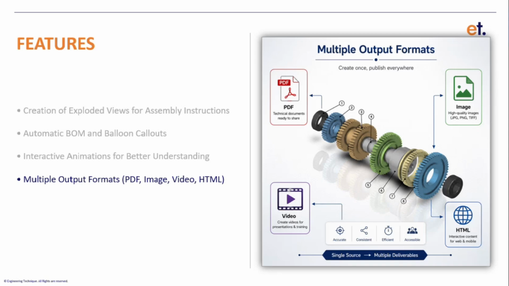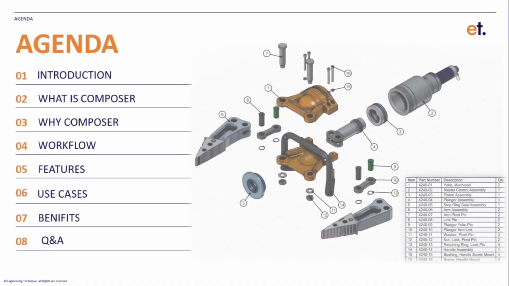Also, different teams can access the content in the formats they prefer. So overall, SOLIDWORKS Composer helps to create clear, fast, and easy to manage technical documentation. It improves communication, reduces effort, and makes the information accessible to everyone.